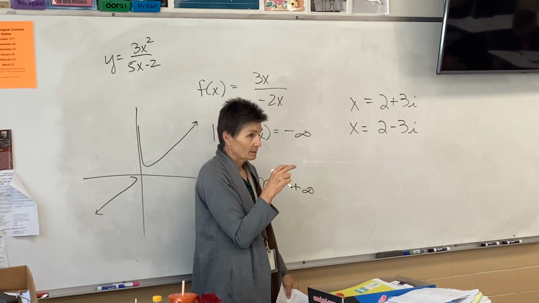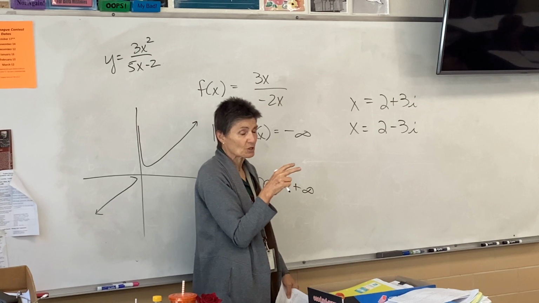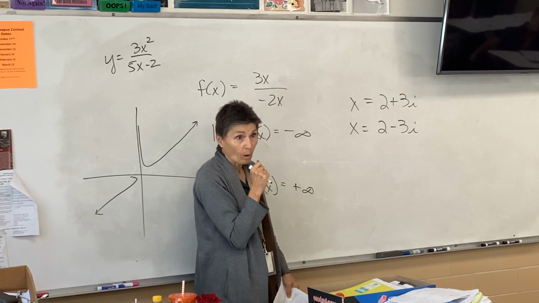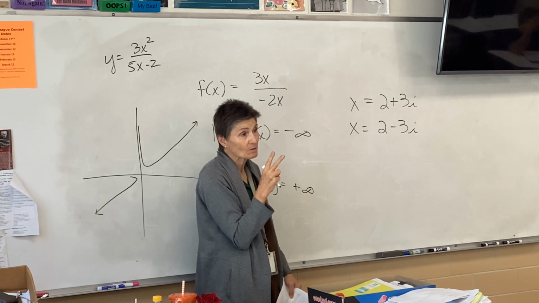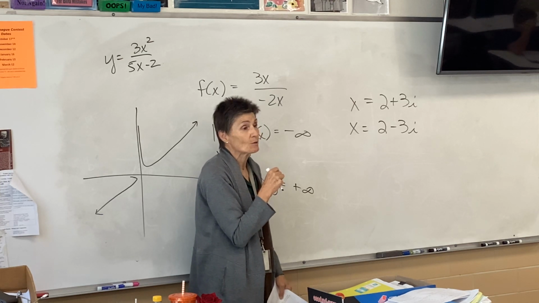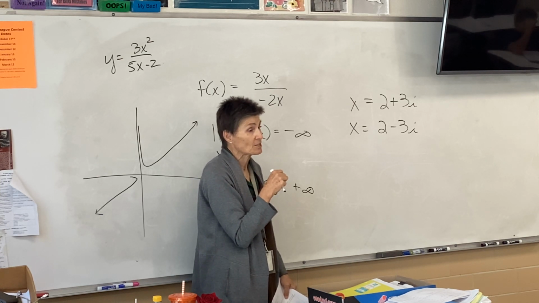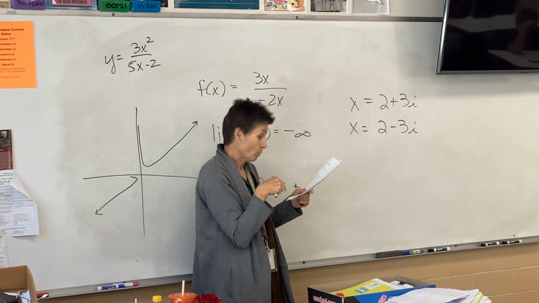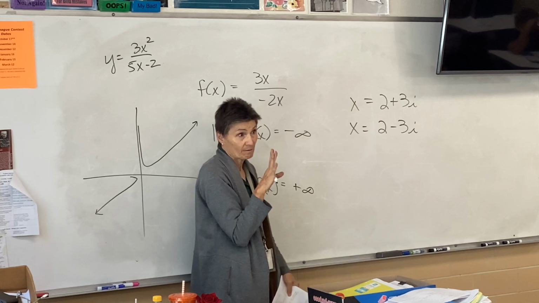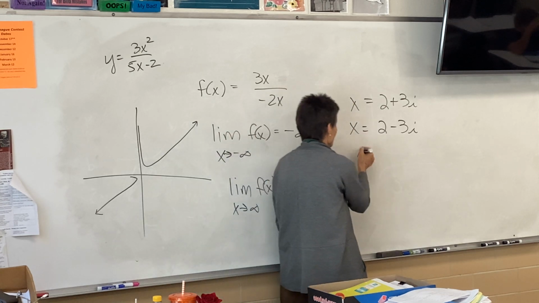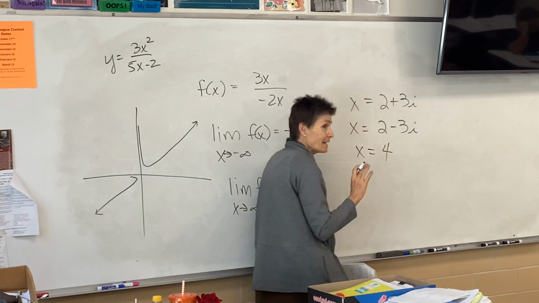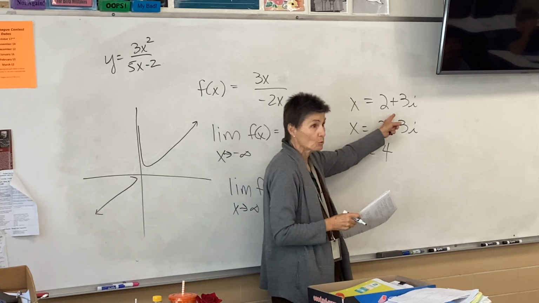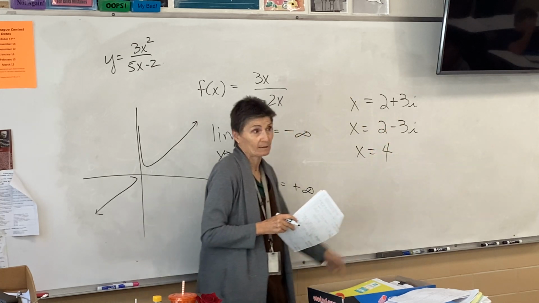Gotta be real. Why can't the third one be imaginary? Because there isn't a fourth one, right? And they come in pairs. So all you need to do, Josie, is draw a picture of that curve, and it's gonna cross the x-axis someplace. And according to my work, it crossed at 4. So here are your roots. You are not finding any imaginary ones. They tell you one, and you know the other one automatically.